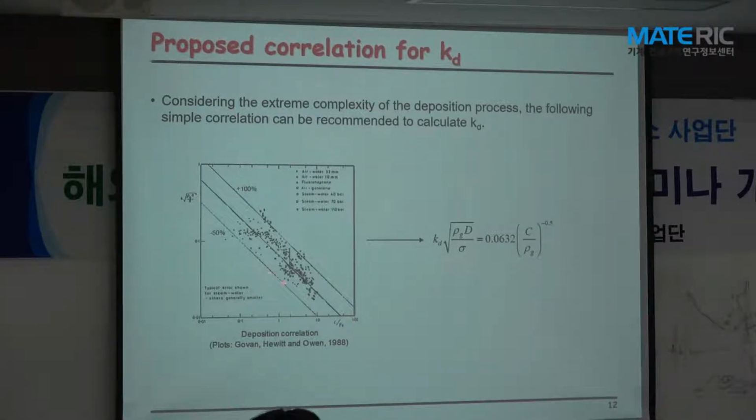So if you check other researchers' results, the scattering is more significant. In some cases, a very beautiful collapse can be observed. But in that case, there is a trick: the experimental range is not so wide. Many researchers do experiments only with air-water, and only using their own data, a correlation is developed.